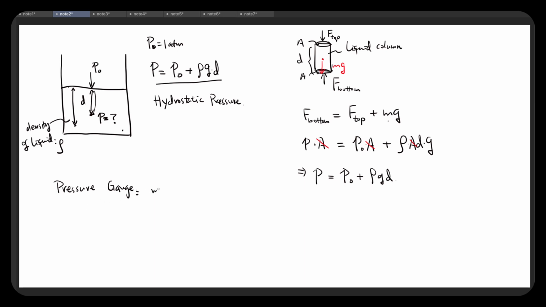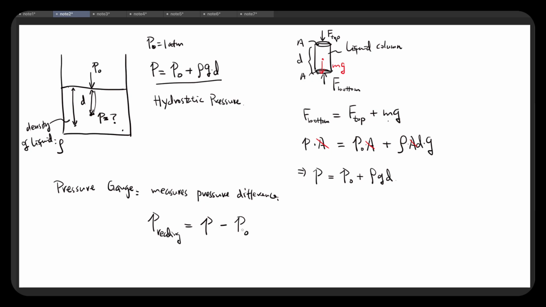So let's say you use this pressure gauge near the Earth's surface, then the pressure gauge reading is given by the actual pressure of the liquid or the gas minus P naught.